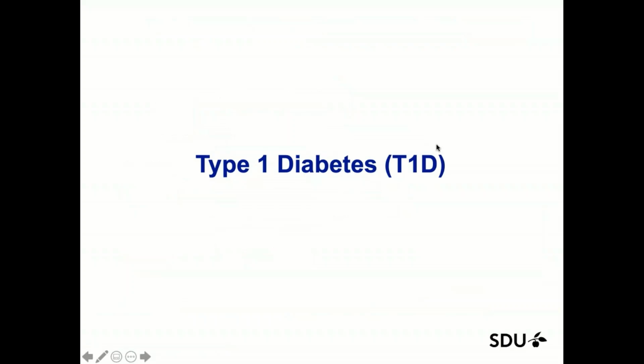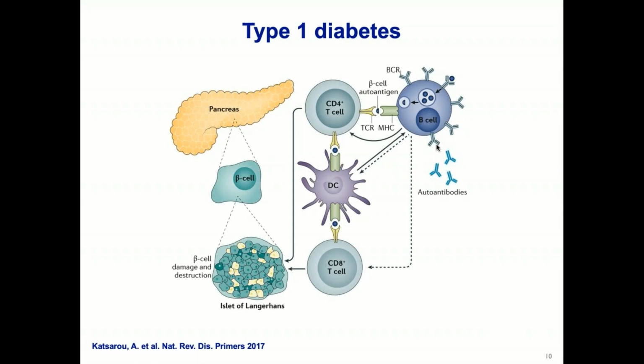So now we move on to type 1 diabetes. This is a very simple figure trying to illustrate or highlight the possible key mechanisms involved in type 1 diabetes. Type 1 diabetes is an autoimmune organ-specific disease, which means that the beta cell is damaged and destroyed, thereby leading to impaired insulin secretion.